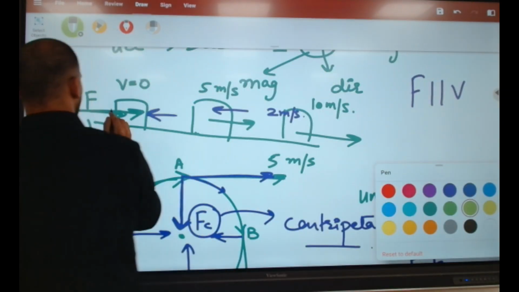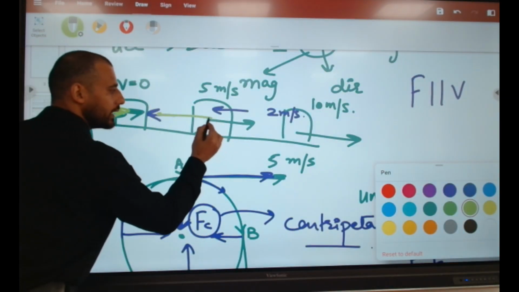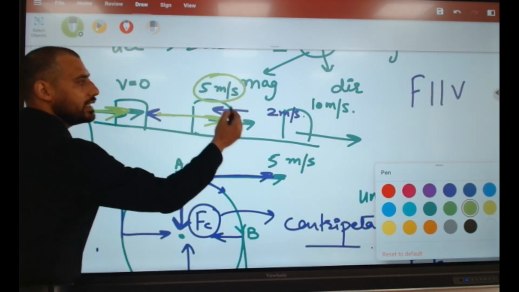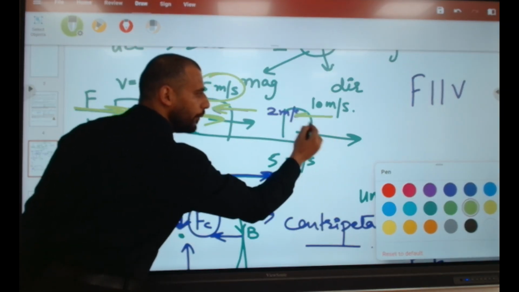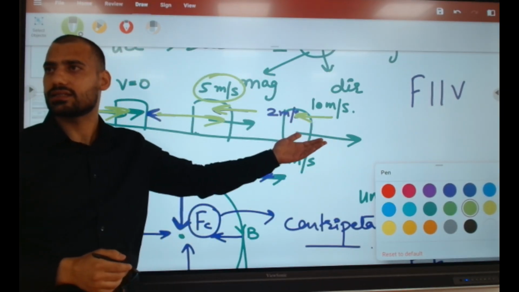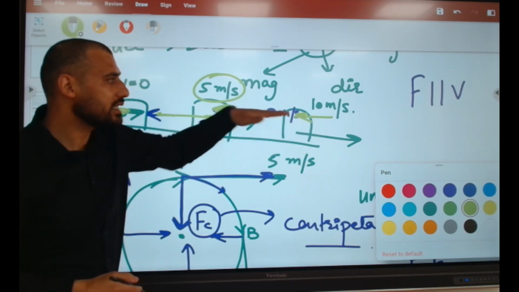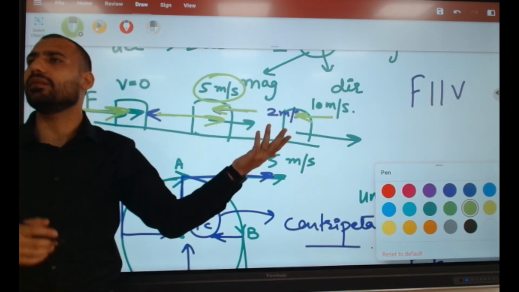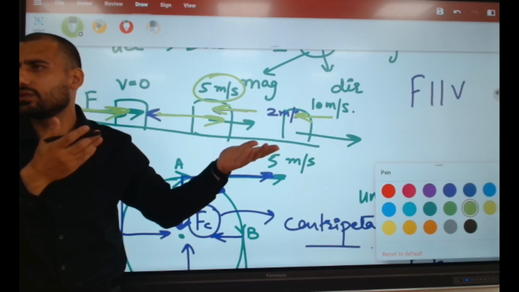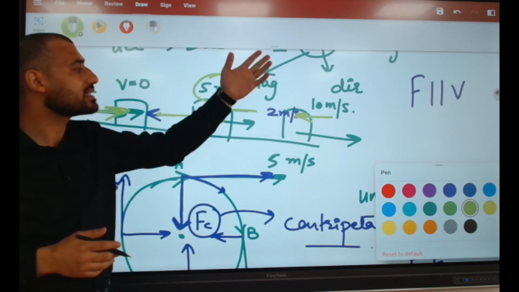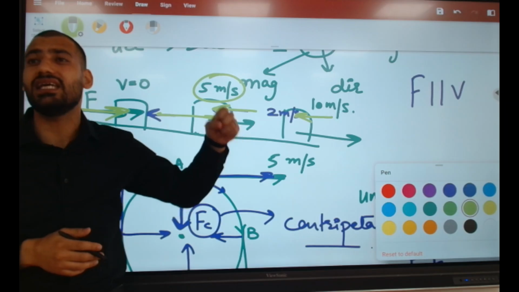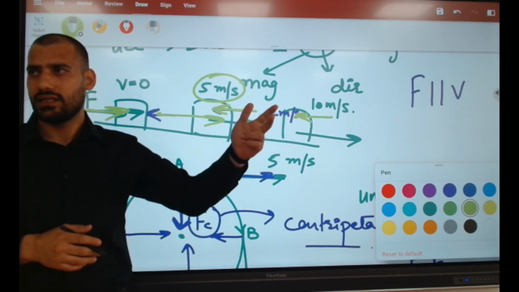You are applying some force in this direction, so velocity is increasing. You apply some force in the opposite direction, the velocity will decrease. So when force is parallel or anti-parallel, the magnitude of velocity changes. Is that fine?